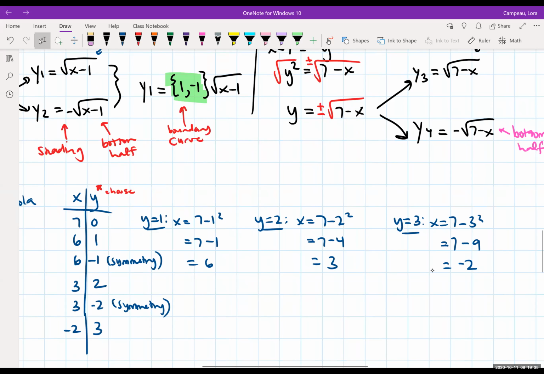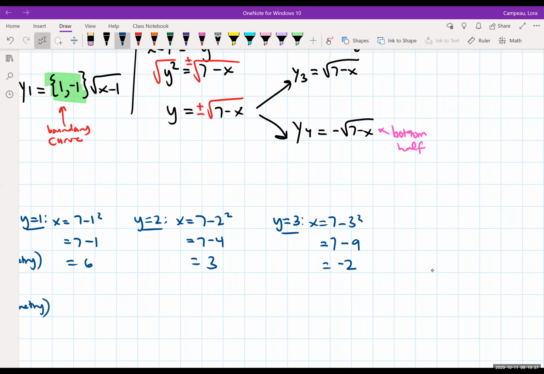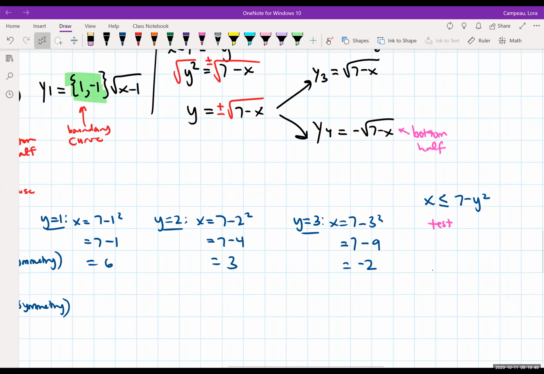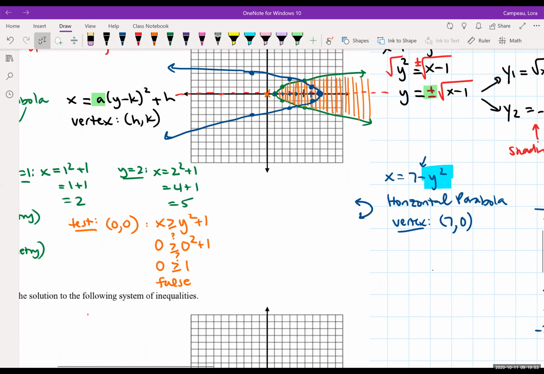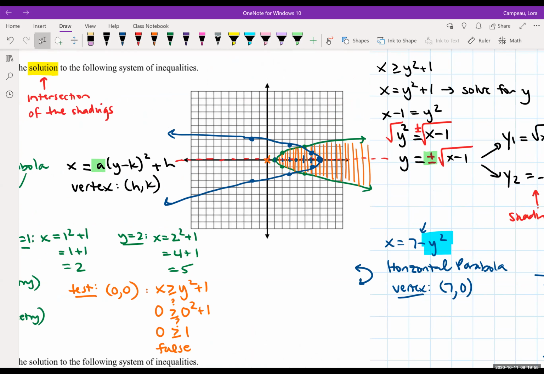I'm looking at x is less than or equal to 7 minus y squared. So if I were to test, let me go back. There's a lot of paper we're using. I probably should have left a little more room, but I'm showing two concepts at once.